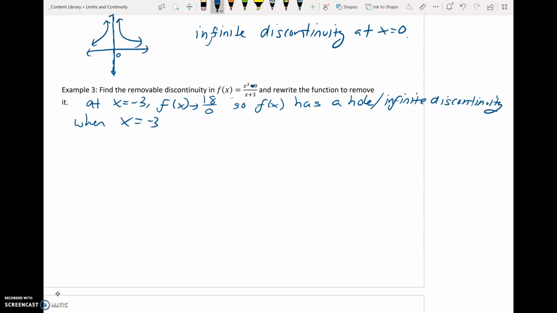And this is supposed to have a negative here. Sorry about that. Because it would be an infinite discontinuity if it was x squared plus 9, but it would be a hole if it was x squared minus 9. And what I mean is x squared minus 9, because if it wasn't, then we can't remove the discontinuity because it's an infinite one.